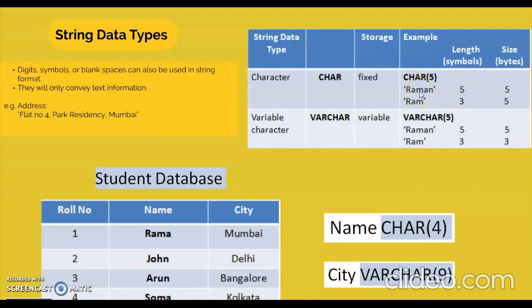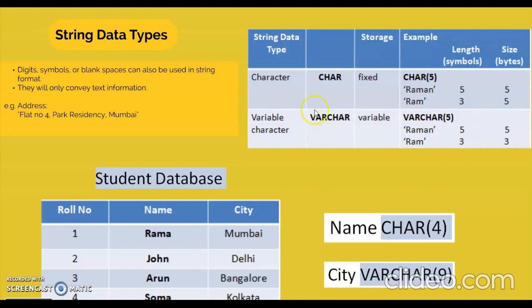Here I have taken the example RAM. This has 5 characters, and the size allotted was also 5. Here I have taken RAM, so it has only 3 characters but I have allotted 5, so there are 2 bytes extra.